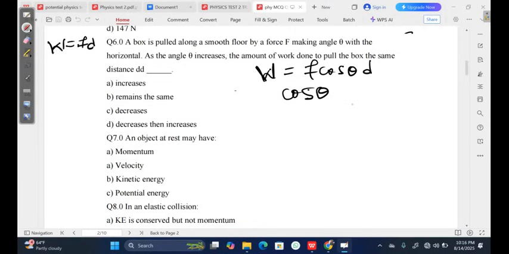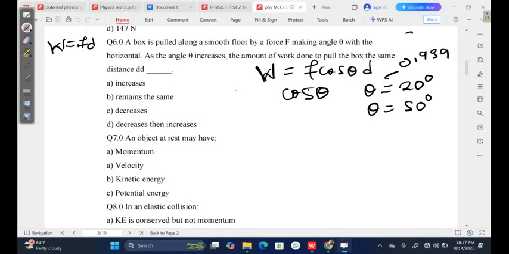If theta is 20 and then theta is now 50, so we have increased theta. What happens when you increase theta? We grab the calculator and punch cos 20, which becomes 0.939. Now what of cos 50?